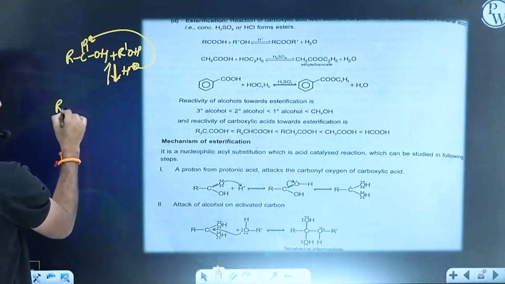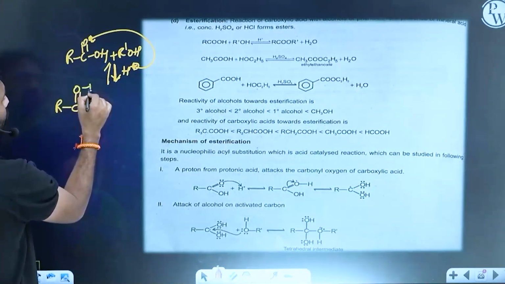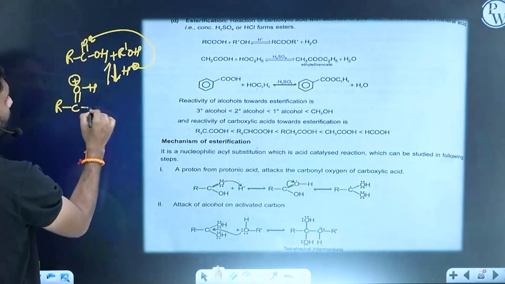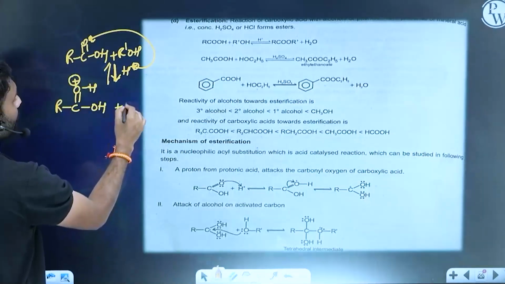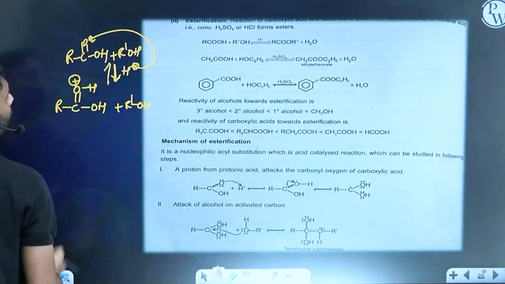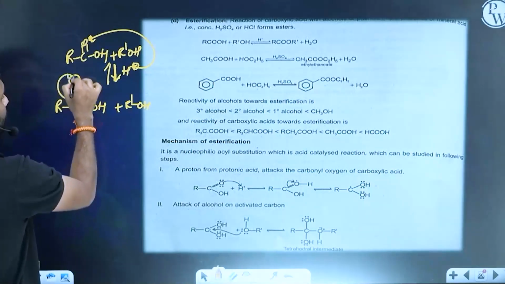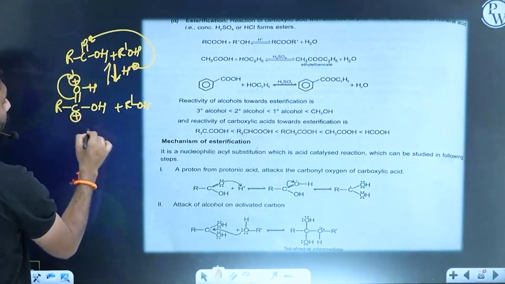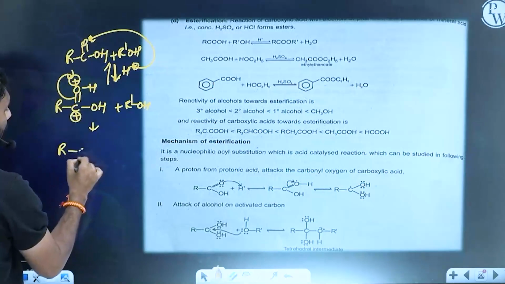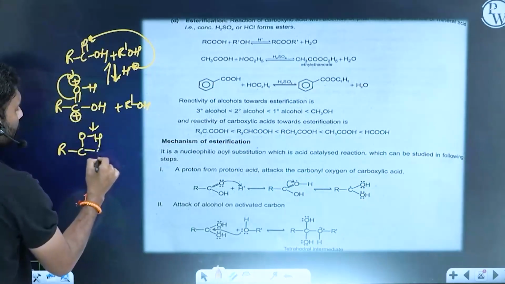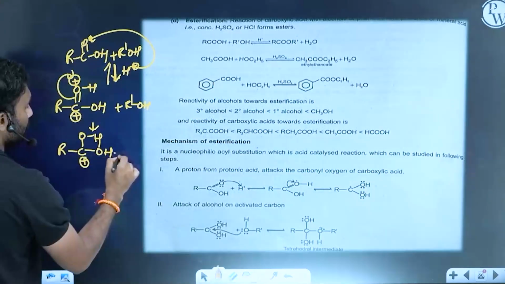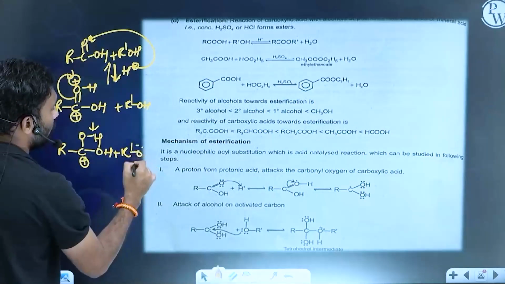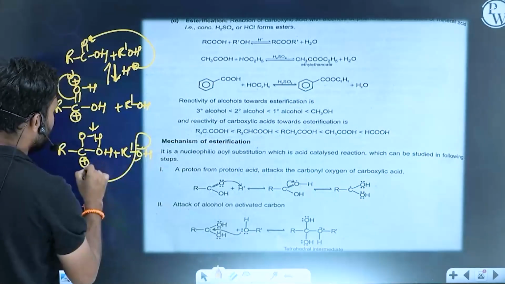Then we get a positive charge on carbon, with OH. Now the positive charge on the oxygen is unstable, so the carbon gets the positive charge, and then the alcohol ROH comes. This ROH will attack here.